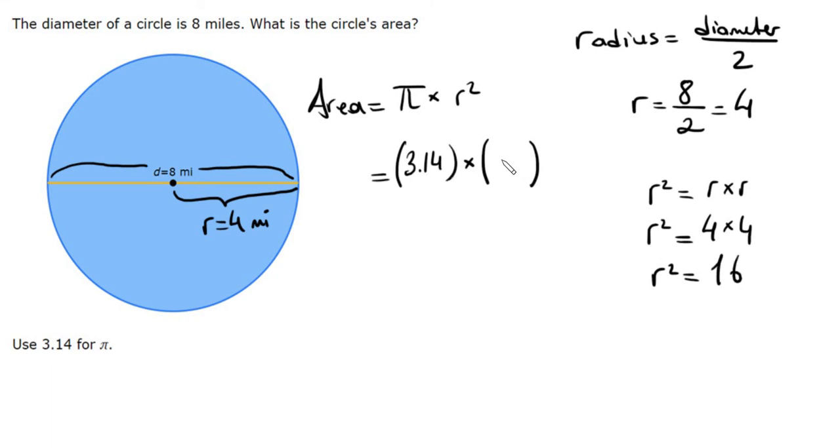So 3.14 times 16 is equal to 50.24 square miles. This is the answer.